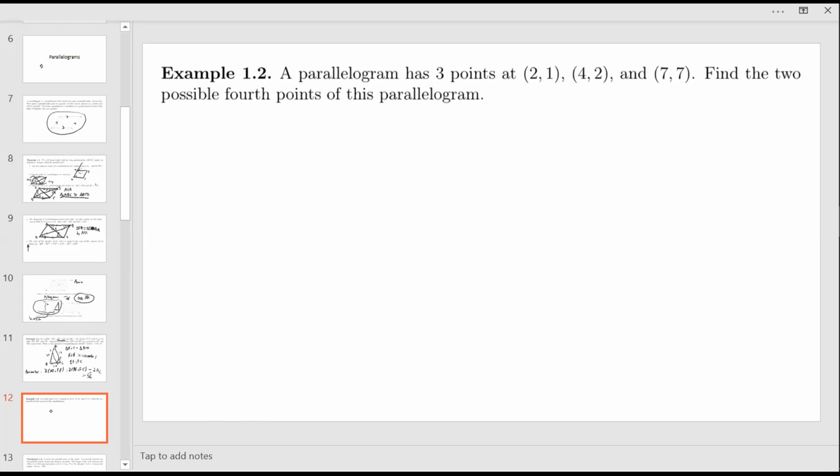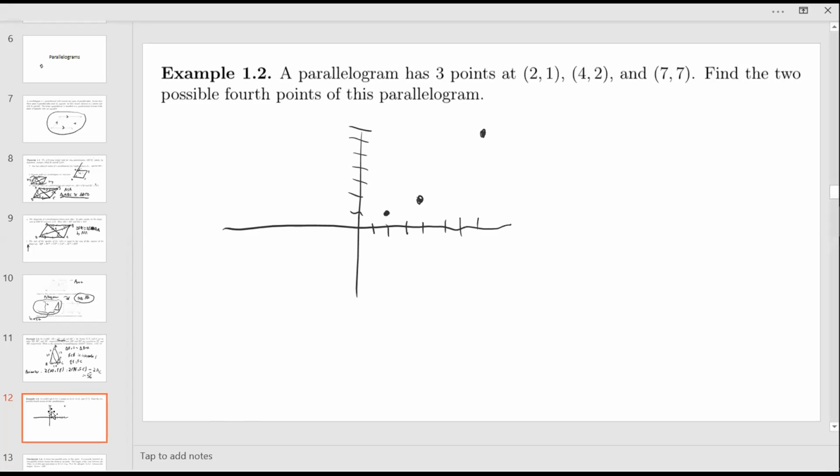First, let's plot this on the coordinate axes to give us a geometrical idea of what's going on. (2, 1) is one vertex, then (4, 2), and (7, 7). It's asking us to find the 2 possible locations of the 4th one.